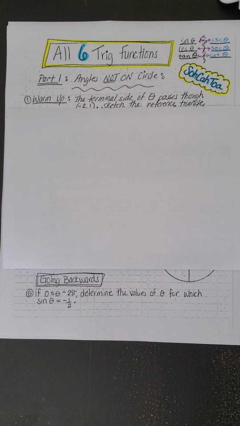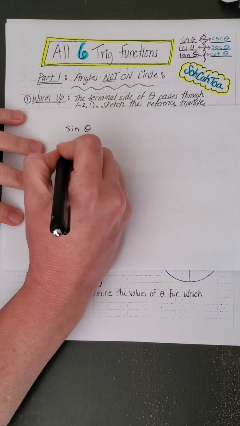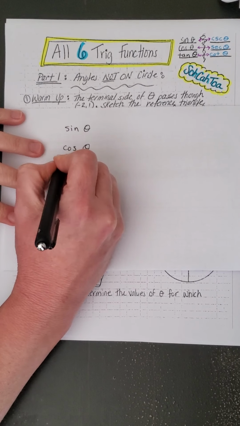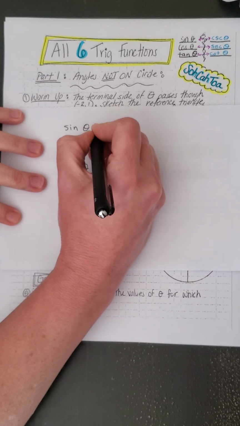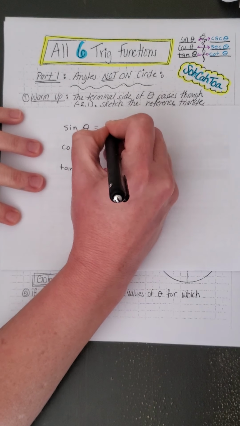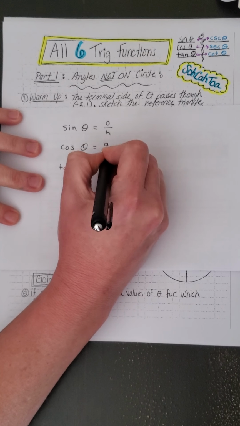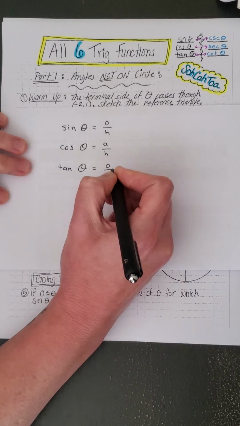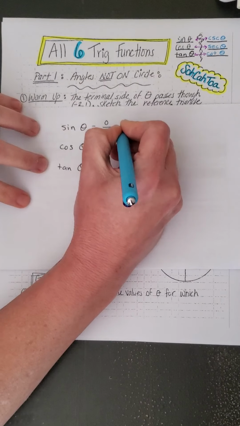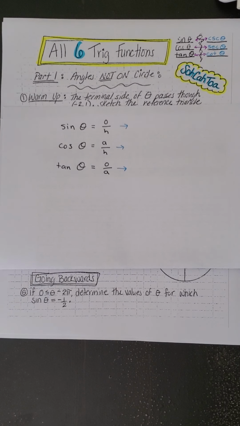So what we know is that sine theta, cosine theta, and tangent theta in a right triangle: sine represents opposite over hypotenuse, cosine represents adjacent over hypotenuse, and tangent represents opposite over adjacent. And so what does that mean about secant, cosecant, and cotangent?